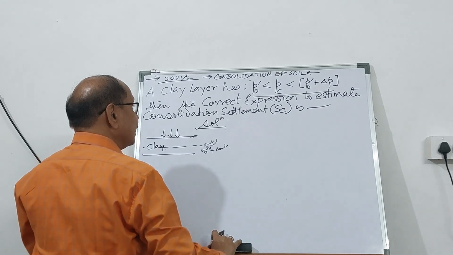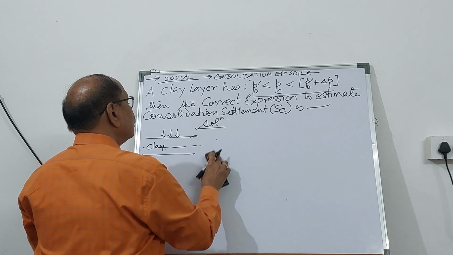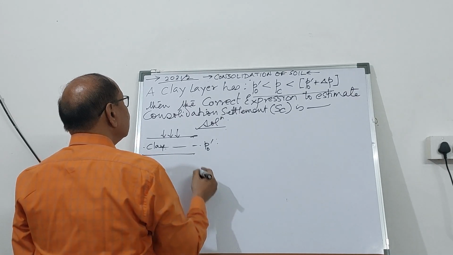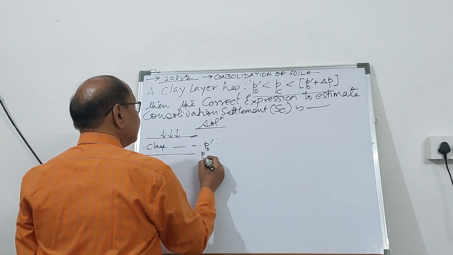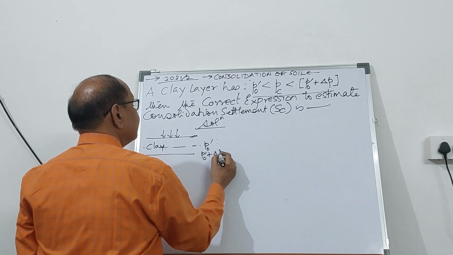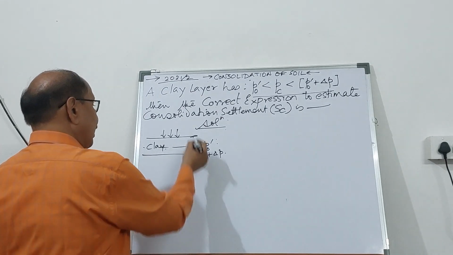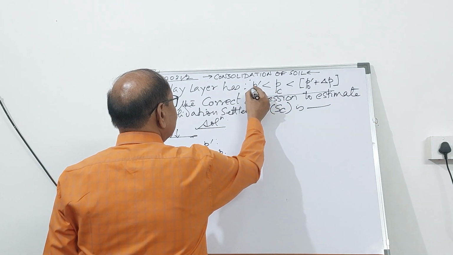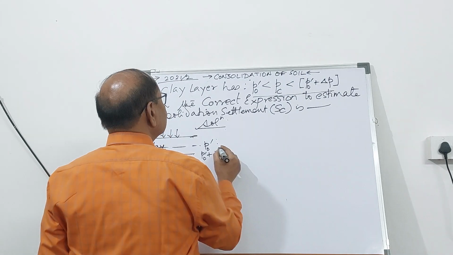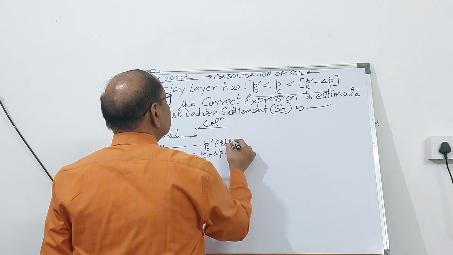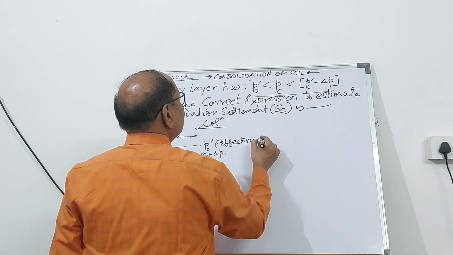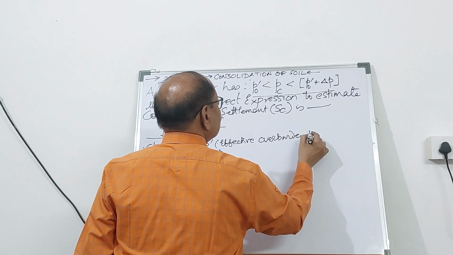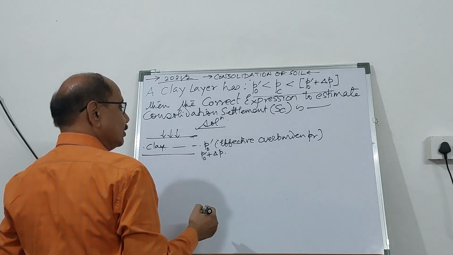So this is P naught prime, and due to the application of the loading, it is P naught prime plus delta P. So when you apply the additional loading, this is a very important condition, given that the effective overburden pressure is less than pre-consolidation pressure.